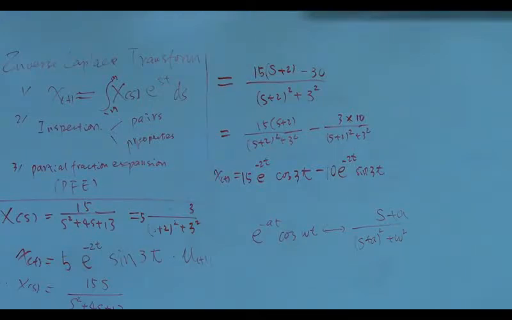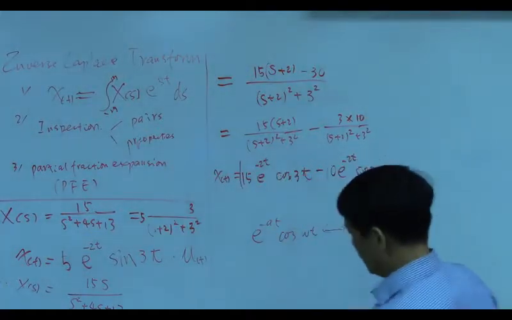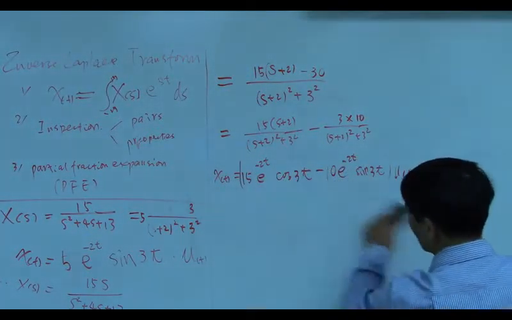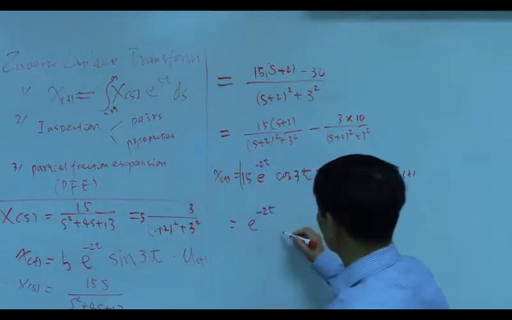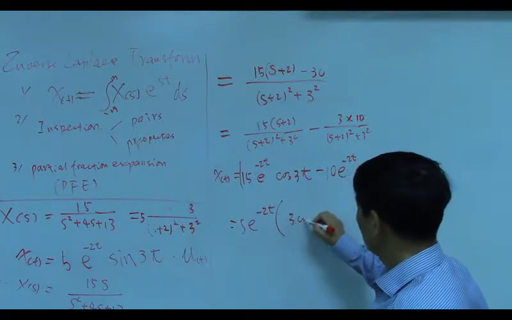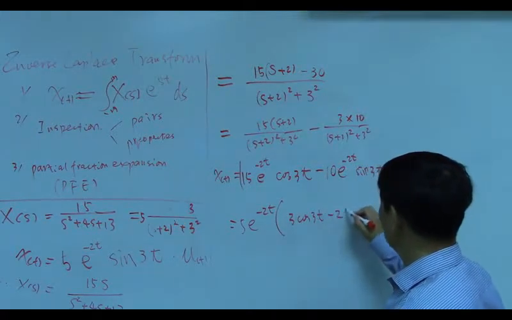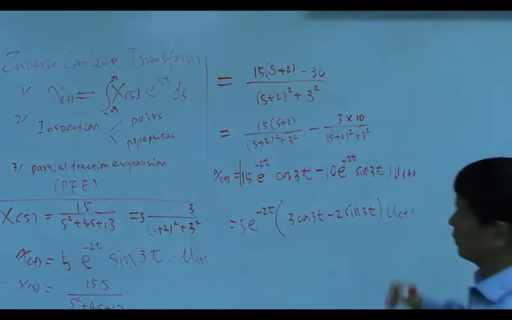Question on this? Right? And we have u(t) here, right? And for all this, usually we are going to simplify this. So both have e to the negative 2t, right? We both have 5 here, and we are going to write 5e to the negative 2t times (3 cosine 3t minus 2 sine 3t) times u(t) like this.